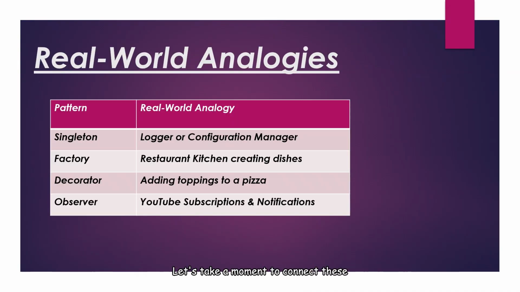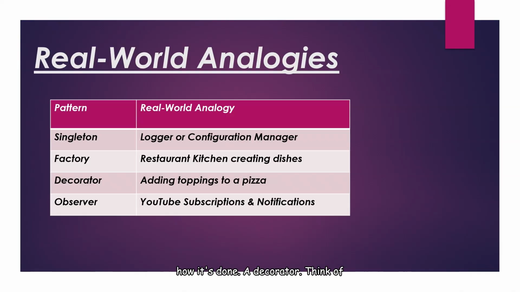Let's take a moment to connect these patterns to the real world. Design patterns can sound abstract at first, but they are everywhere around us. For instance, a singleton is like your system's configuration manager. There's only one and it's shared globally. A factory is like a restaurant kitchen. You place an order and the kitchen prepares it based on input. You don't care how it's done.